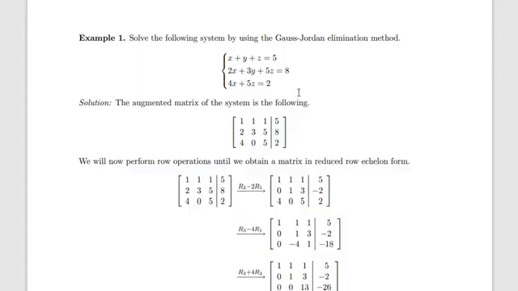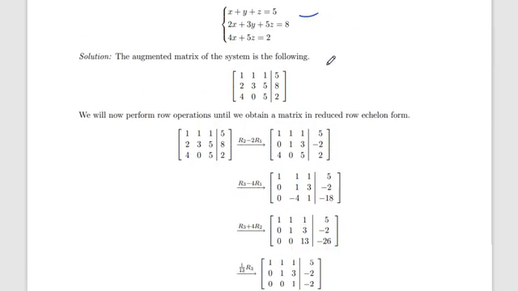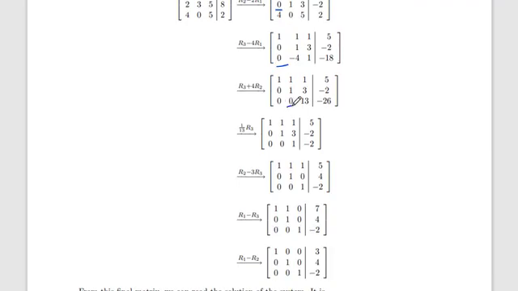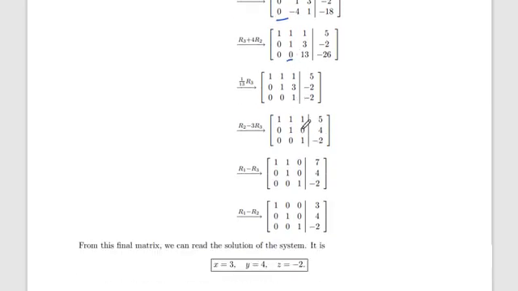Okay, so this is an example linear equation we have to solve with Gauss-Jordan elimination. What we will do is first make this a 0, then this below 0, then the third is a 0, then this is a 0, then this, and then this.